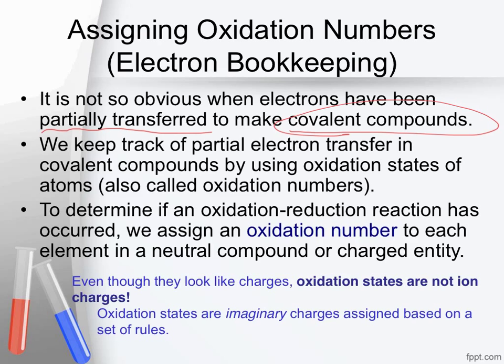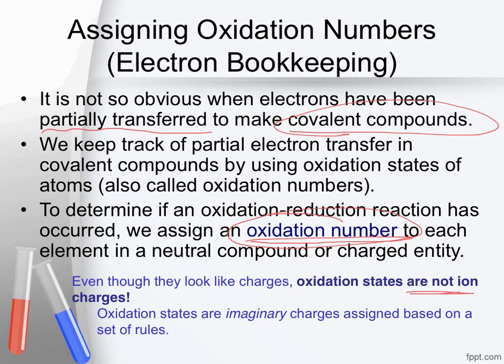So for those types of reactions, we use what we call oxidation numbers. It's a number with a charge, a plus or minus charge, that we assign to every single atom in every single compound in a chemical reaction to see if an electron has been transferred. It's kind of tedious, but it works pretty much all the time. One thing I want you to keep in mind is that oxidation numbers are not real.